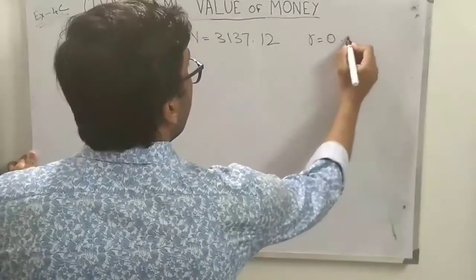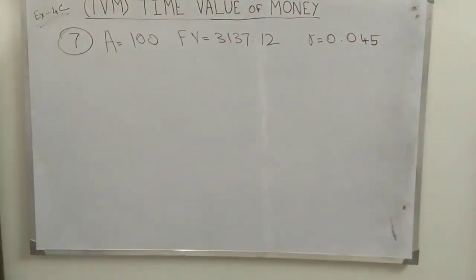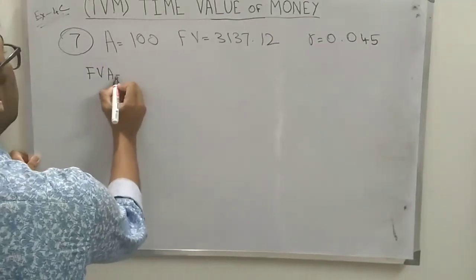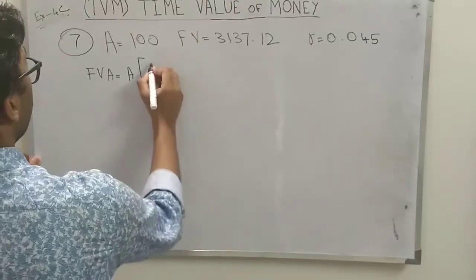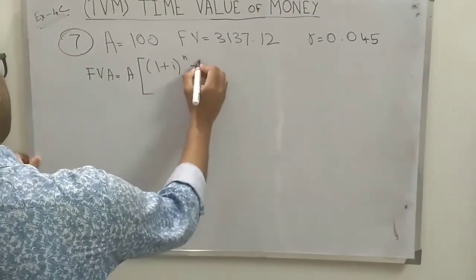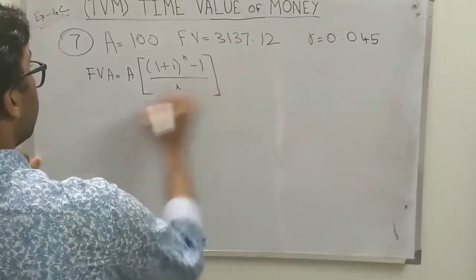R is 0.045. You have to calculate the years. The number of years will be how much? Then future value of annuity is equal to A, bracket, 1 plus I to the power n minus 1, divided by I. This is the formula.